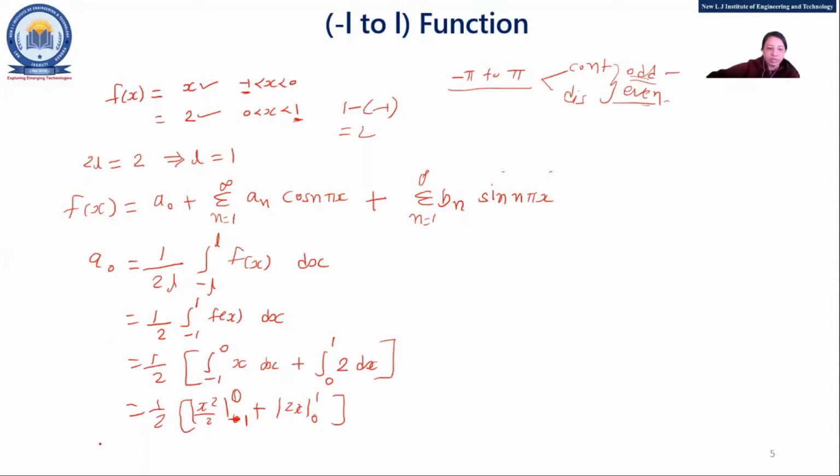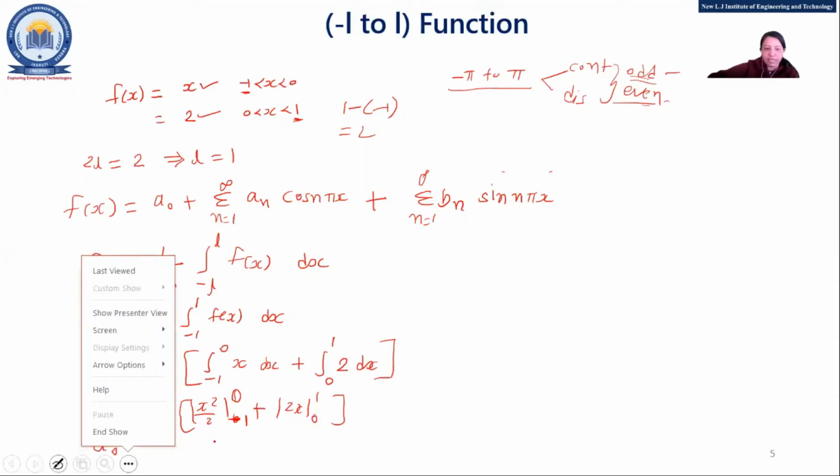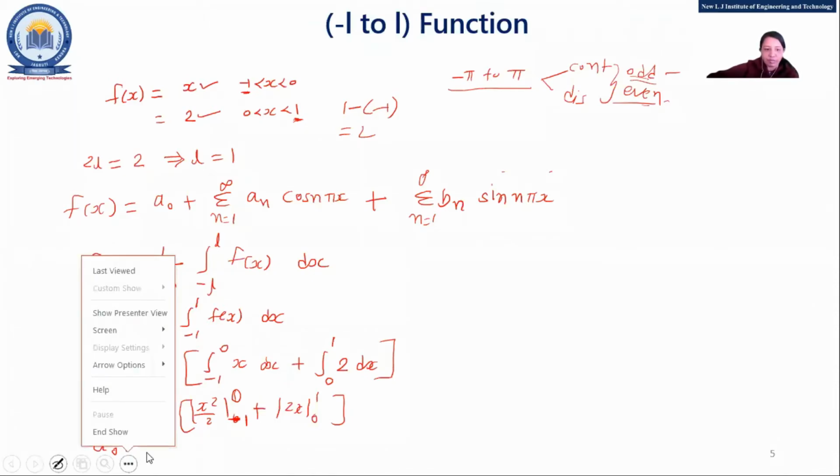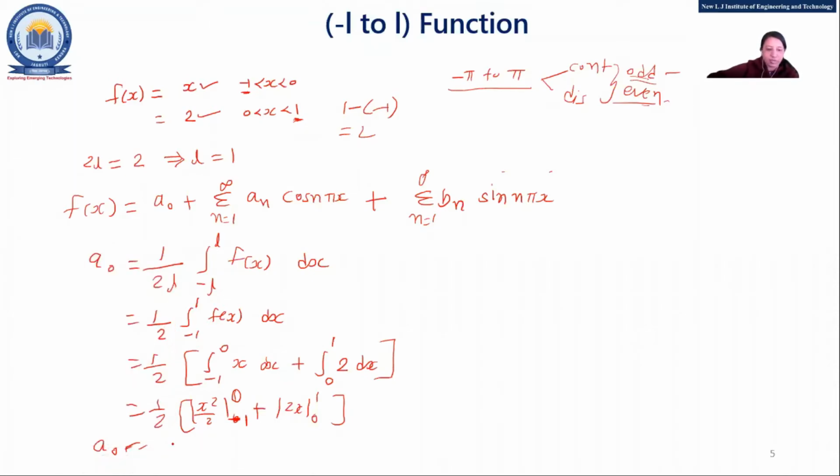Just do it yourself, simplify this, and if any doubt you can ask. Practice this sum at home. So a0 is 3 by 4. Clear? Any doubt?